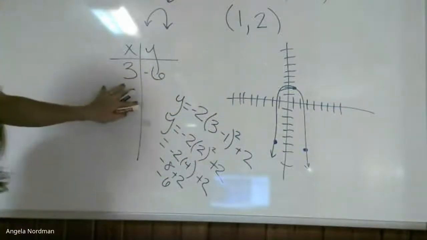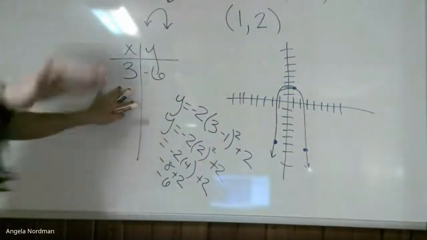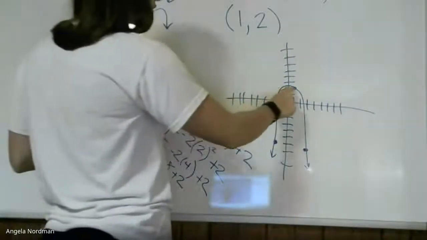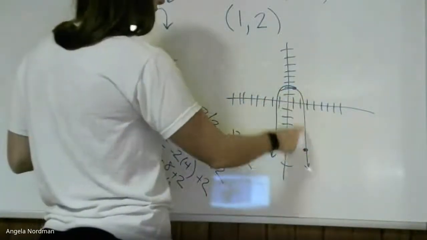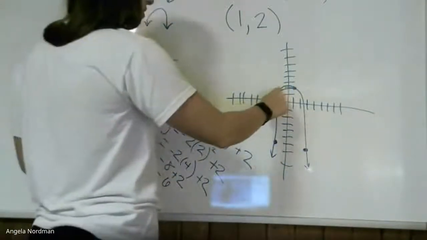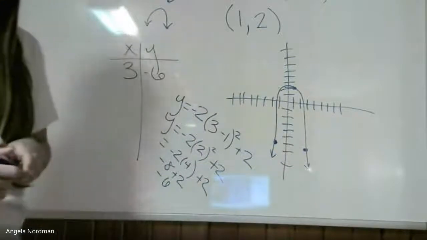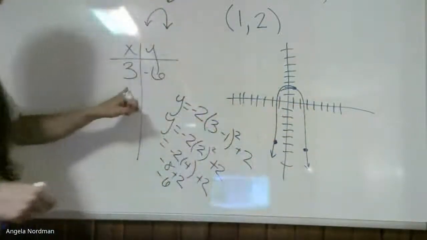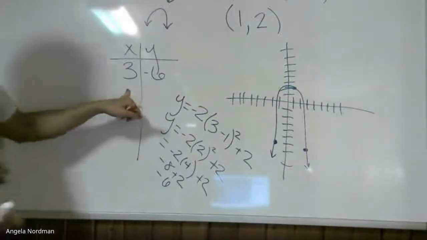Go ahead and find a second point. The one thing about using an XY table: if I went over this way to find a point, my next point on my XY table needs to be the opposite direction too. So I would test 3 and negative 1. I tested 3, my next one would have been negative 1.